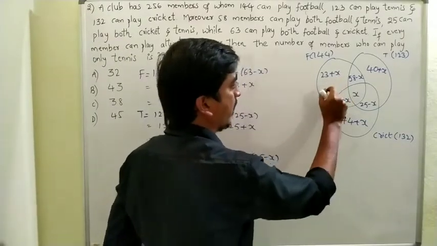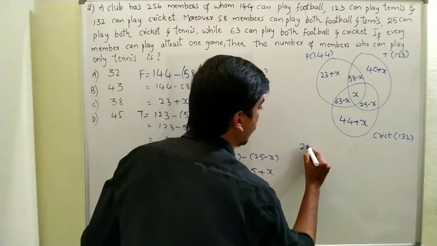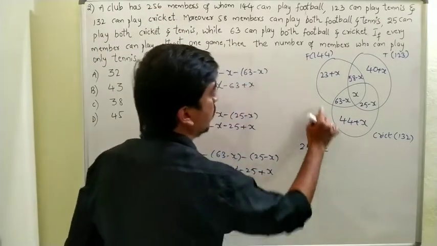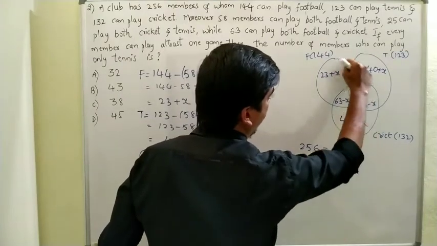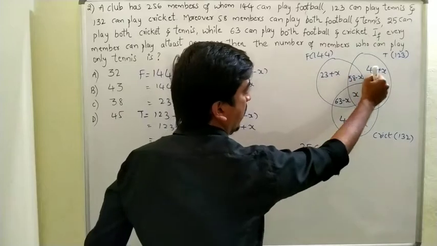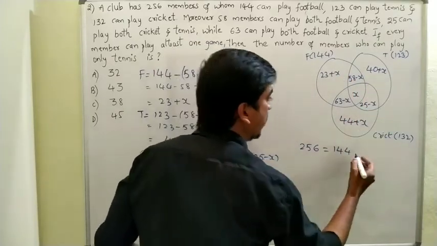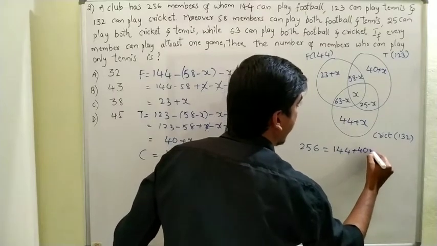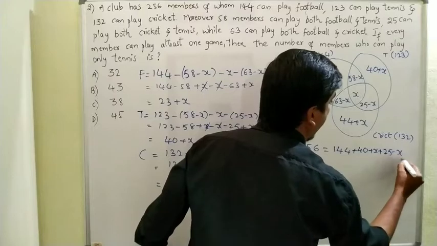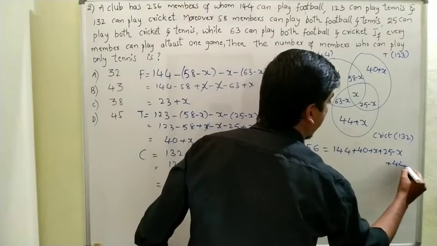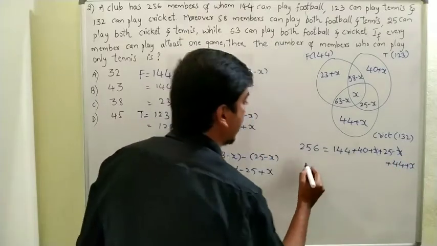Now we have to find the X value. To find it, take the total number of players, 256, equal to only football 144, and the remaining terms are not included in this part, so take them separately: 40 plus X, plus 25 minus X, plus 44 plus X. If you observe, X minus X gets cancelled.